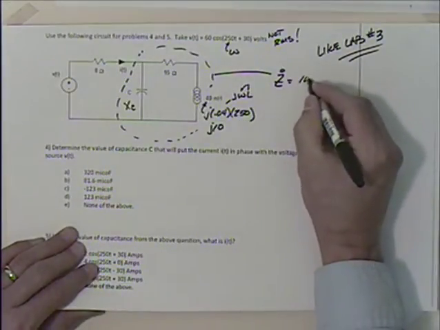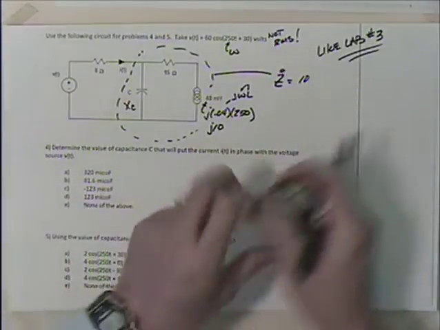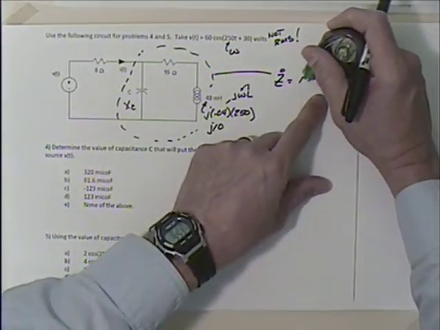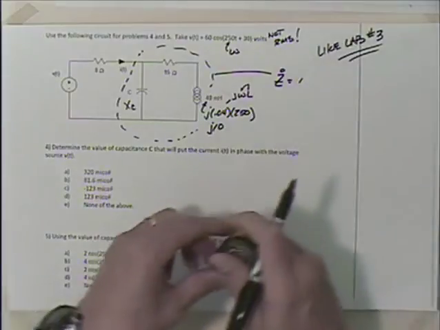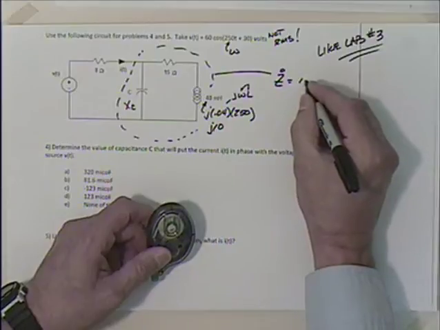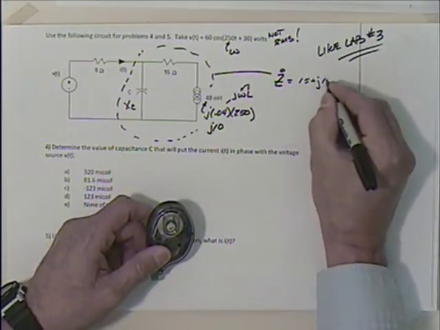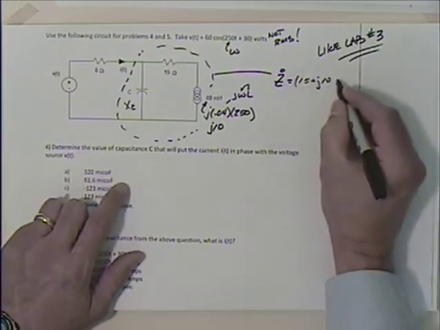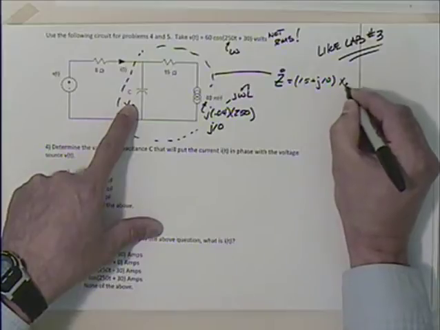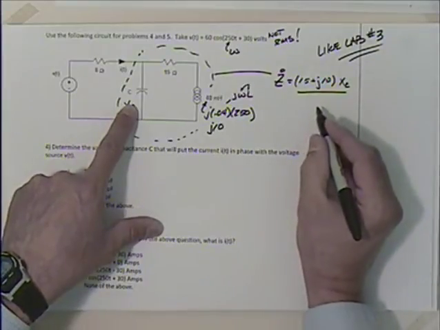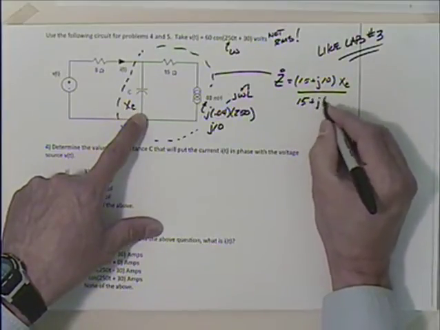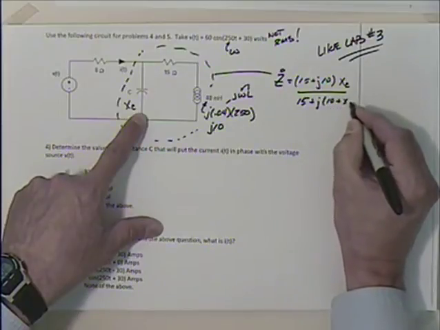So I have 15 plus J10, and then I need to multiply by this X sub C. There's the product, divided by the sum, which is going to be 15 plus J, and then I will have 10 plus X sub C.